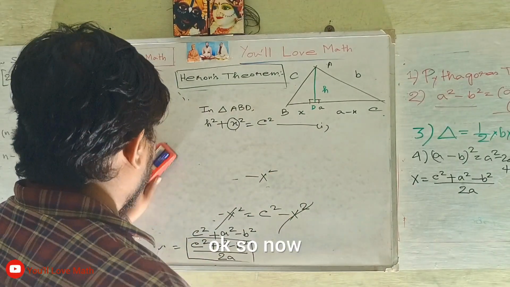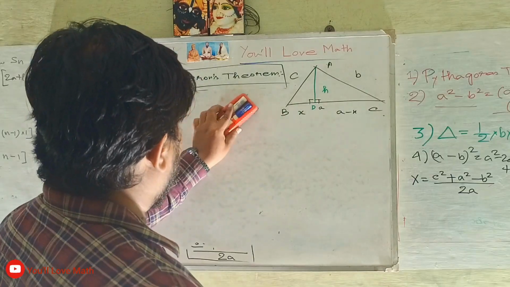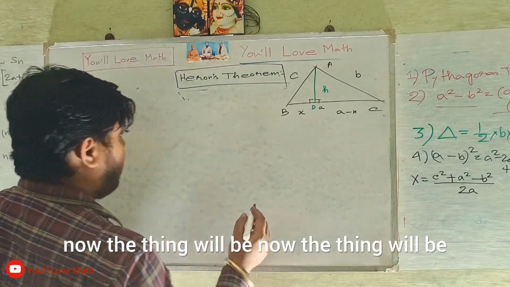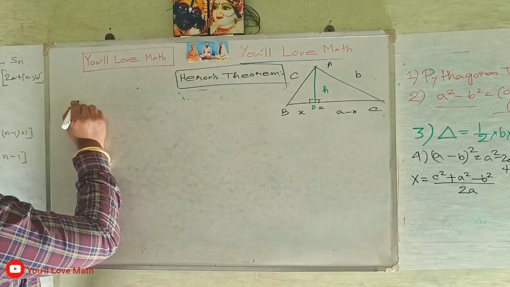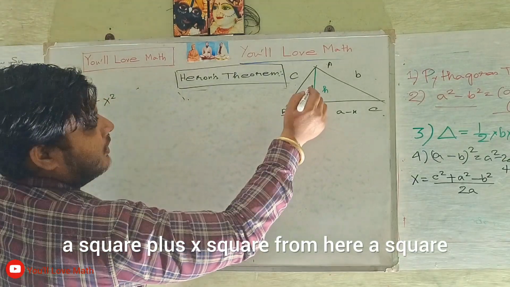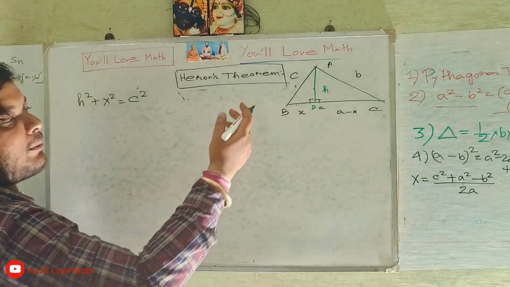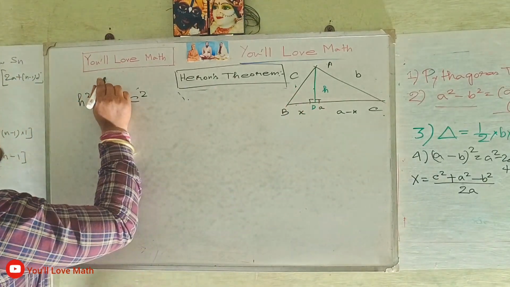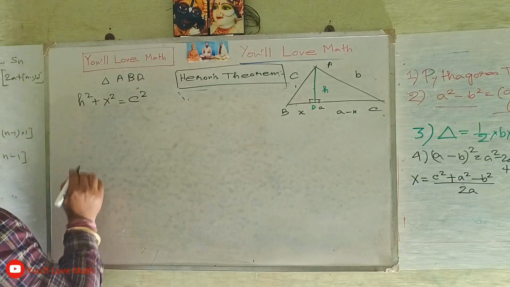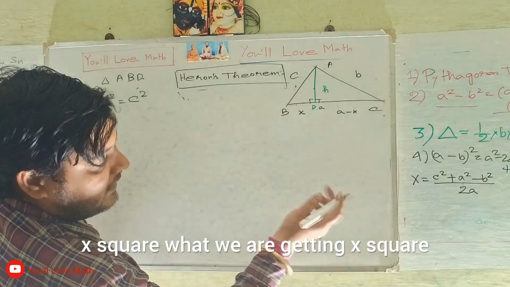Now the thing will be A square plus X square. From the diagram ABD, A square plus X square equals C square. Fine. Now what are we getting for X square?